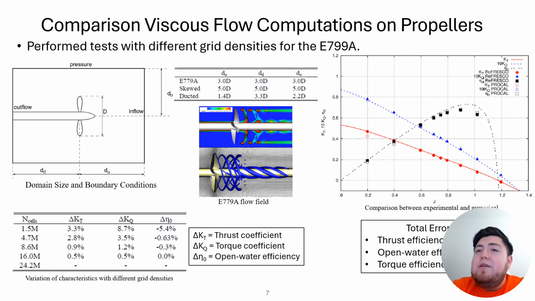As you can see, ReFRESCO is practically there, not for the open water efficiency though, but for the rest of them, I think it's really nice. They got an error for the thrust and the open water efficiency of 4% and for the torque of 3%.